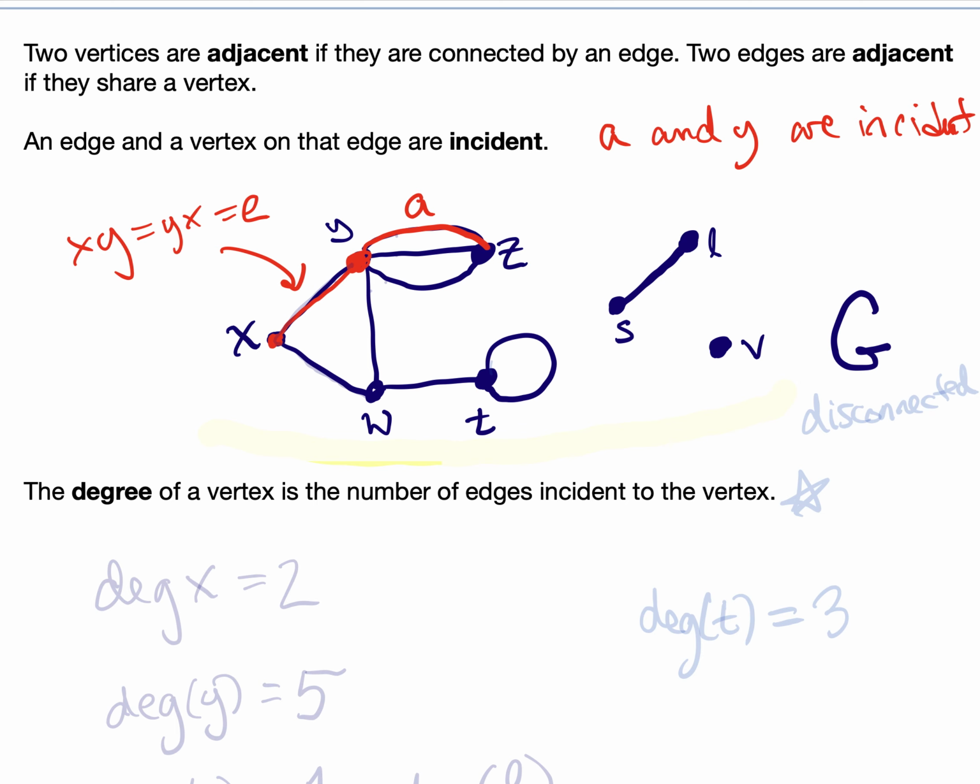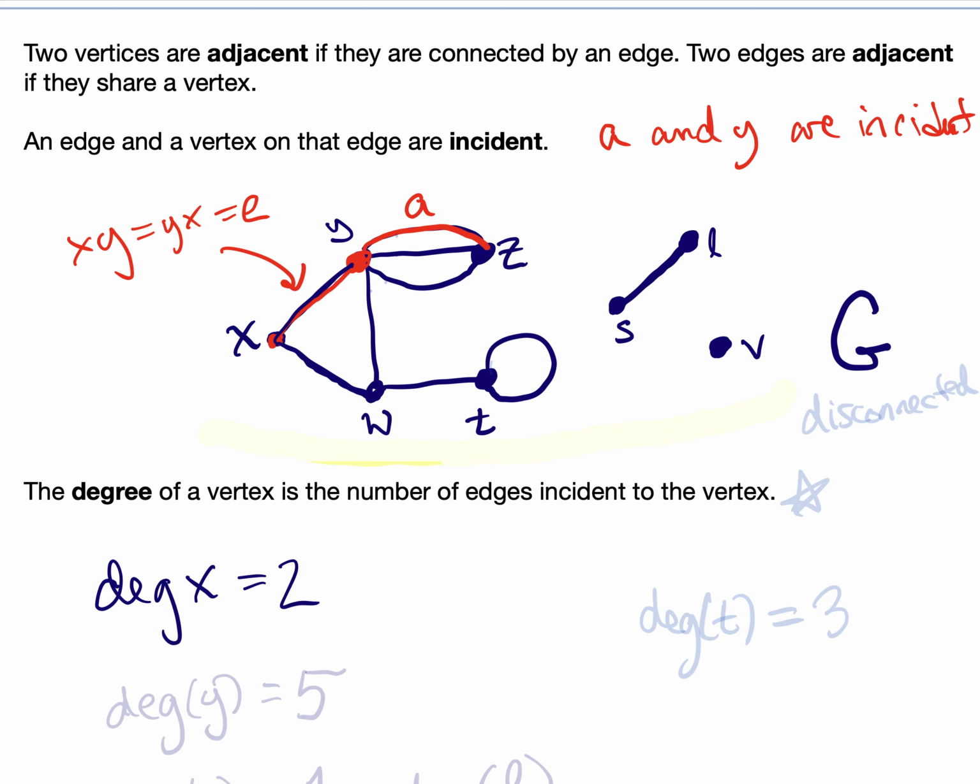The degree of a vertex is the number of edges incident to the vertex. So in our example above, the degree of the vertex x, for example, is 2 because x is incident with 2 edges, this one and this one.